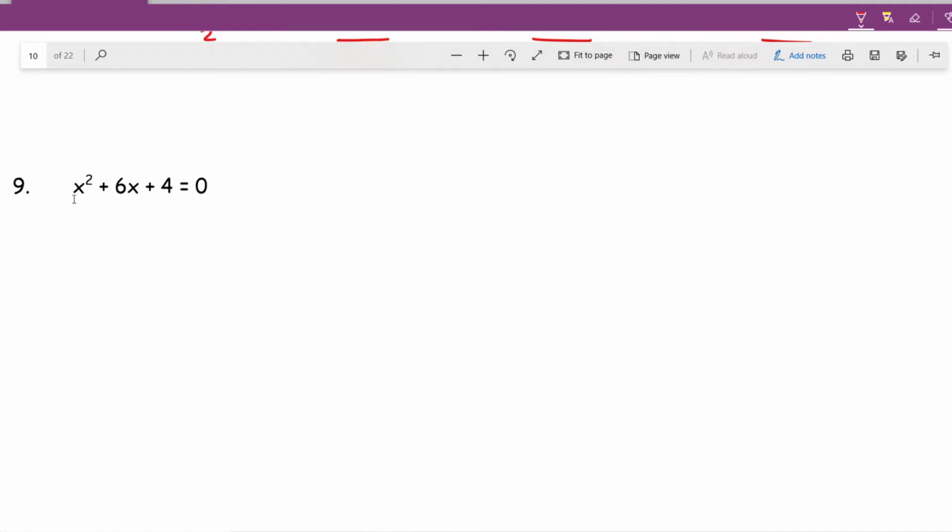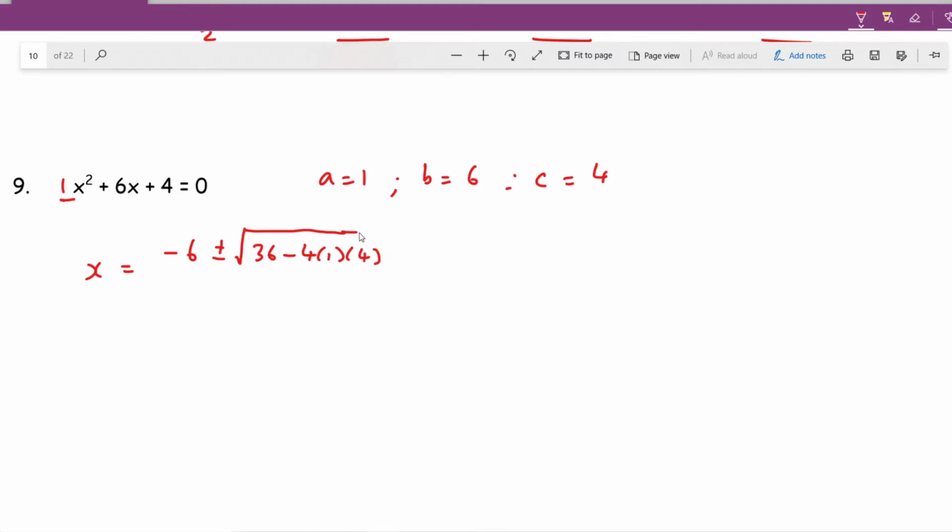Okay, so again, there's nothing in front, so I'm going to put a 1 there. So a equals 1, b equals 6, c equals 4, and x equals, so minus b is going to be minus 6, plus or minus the square root of b squared, which is 36, minus 4 times a, which is 1, times c, which is 4, all over 2 times a, which is 1 in this case.